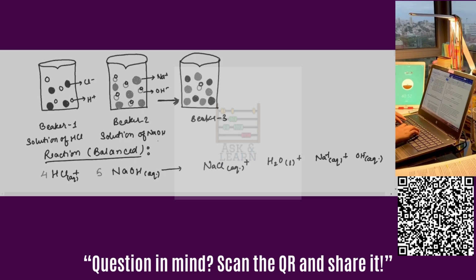And in beaker 3, we have NaCl, H2O, Na plus and OH minus. So when they react with each other, this becomes 4 NaCl. This is the balanced equation.